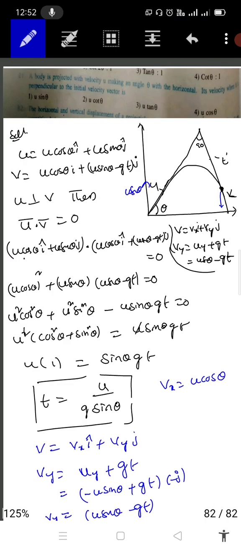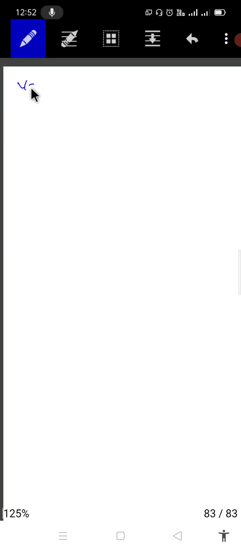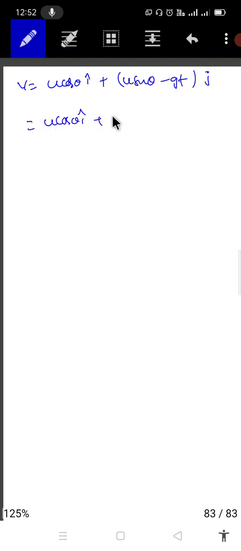So this is gt. Here in this condition v is equal to u cos theta i cap plus u sin theta minus gt j cap. So here we substitute u cos theta i cap plus u sin theta minus g into the t value, u by g sin theta, into j cap.